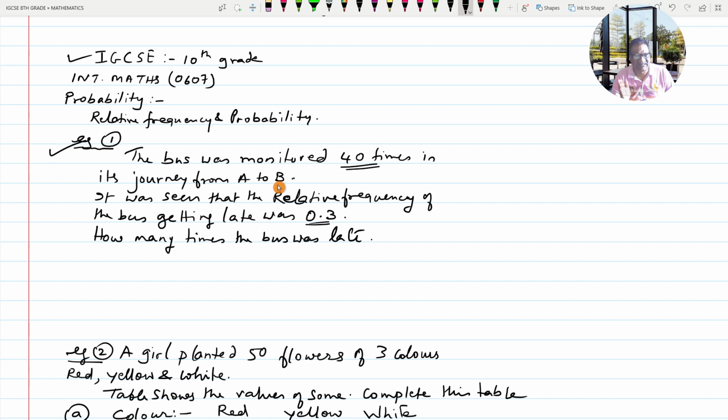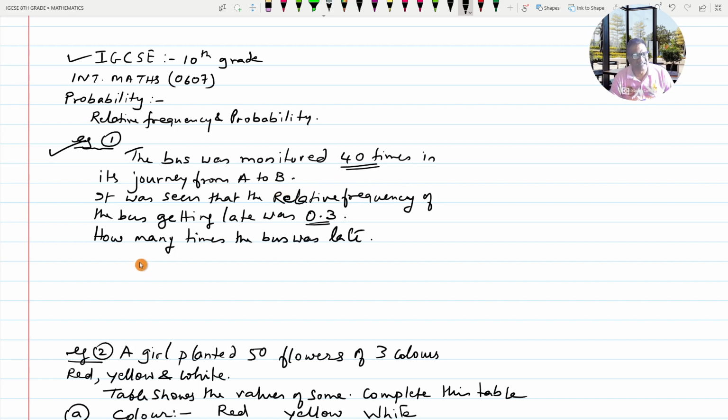But then, due to some inevitable circumstances, maybe because of traffic or some other reason, the bus gets late. So it's a common observation that many a time a journey which has a fixed time from A to B may get late also. So this journey from A to B of this bus was observed 40 times.